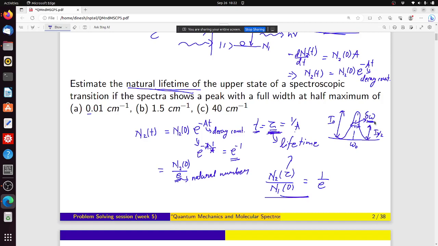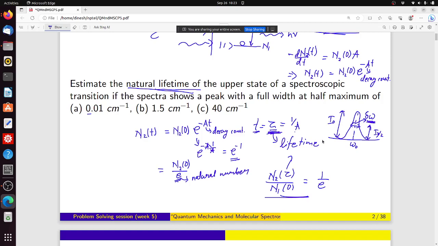What do we call this width? Line width. Yes, thank you. So we call this the line width.